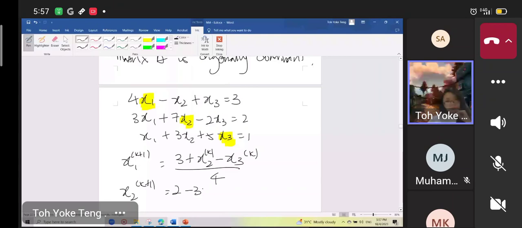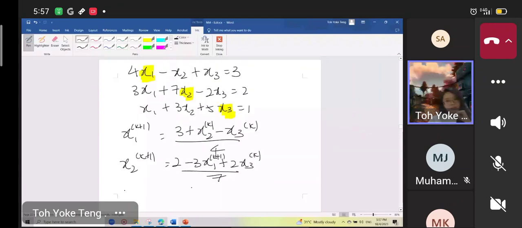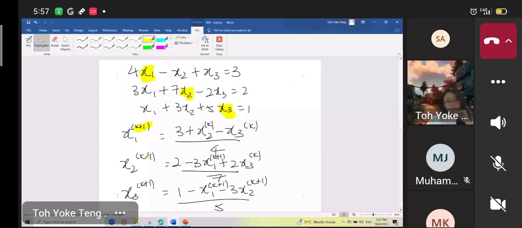This one is k plus 1, this one is k. And then the last one, x3 at k plus 1, equals 1 minus x1 minus 3x2, over 5. So this one is k plus 1, this one is k plus 1. I mentioned many times already.